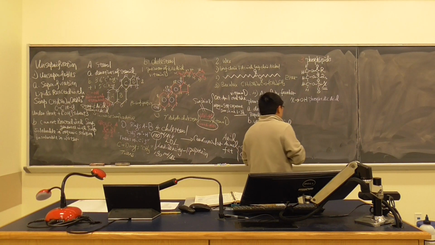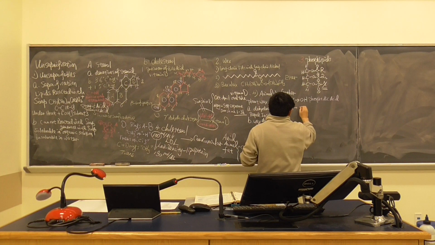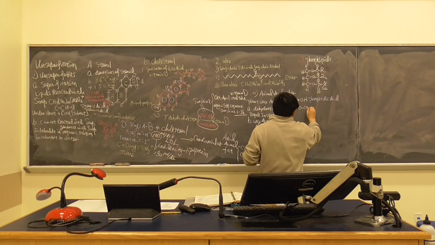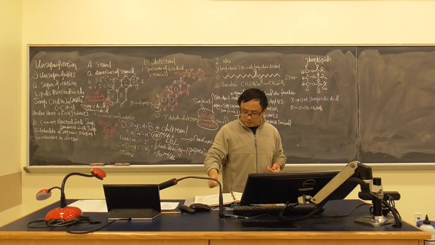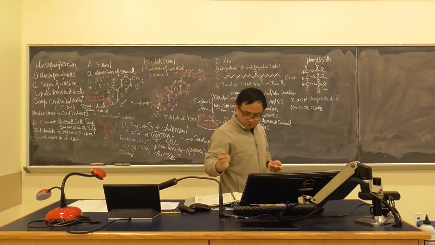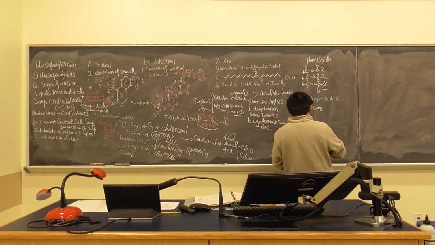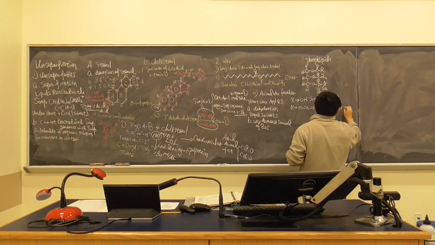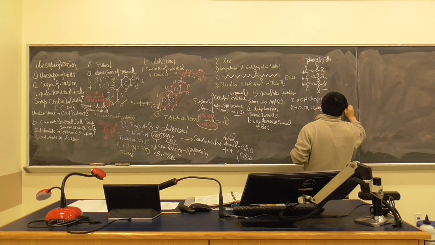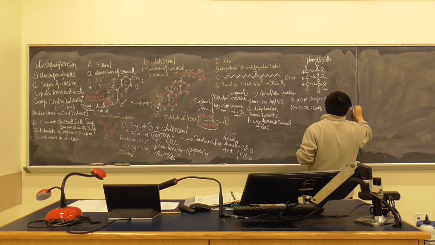If X is O, CH2, CH2, NH2, we call it phosphatidylethanolamine.